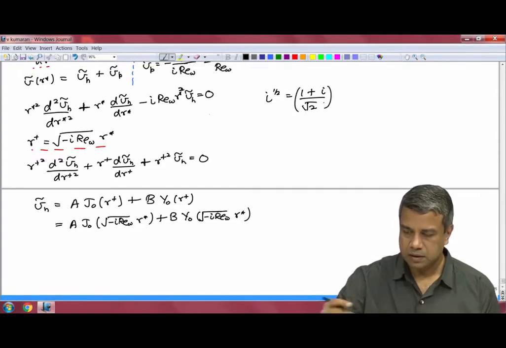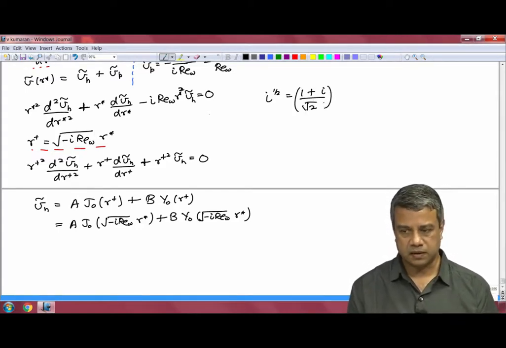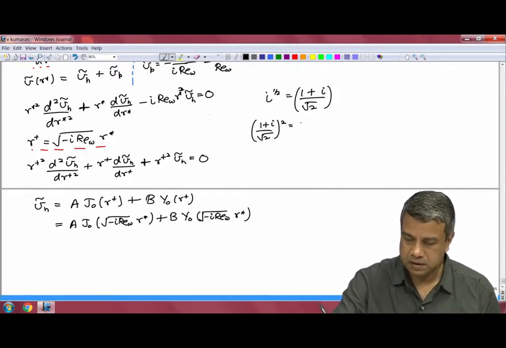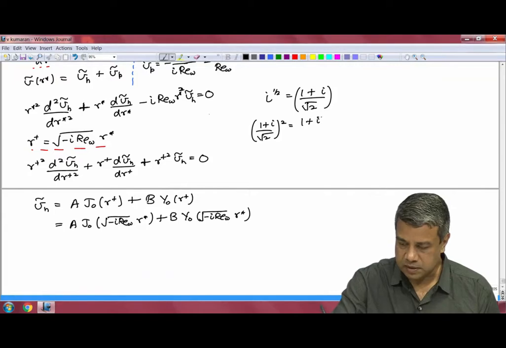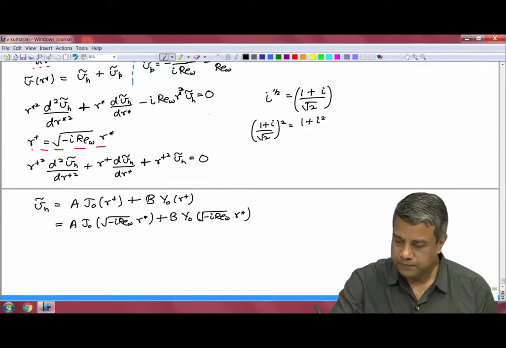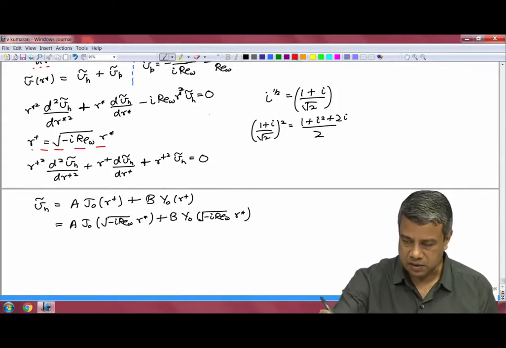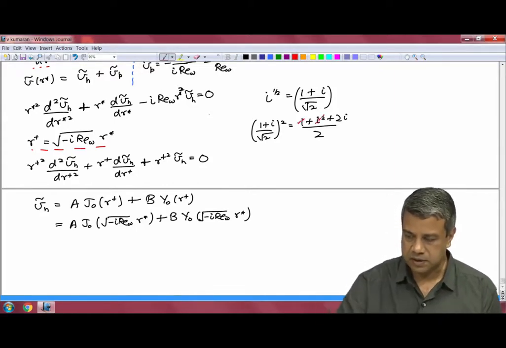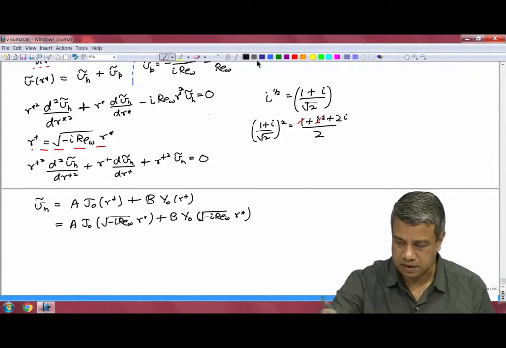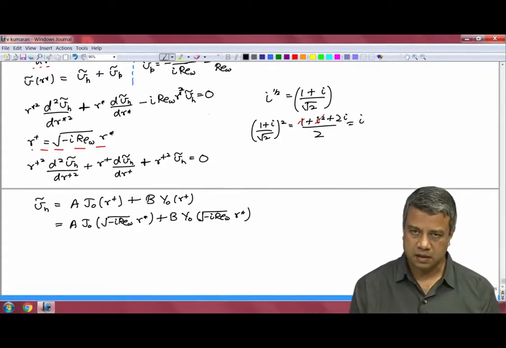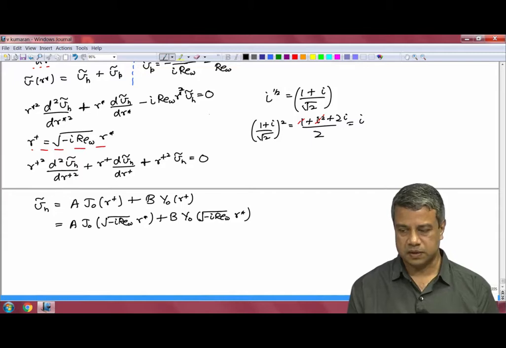Okay, that is the square root of I, because if I take 1 plus I by root 2 the whole square, I will get 1 plus I square plus 2I, by 2. I square is minus 1. So, this 1 and minus 1 will cancel out and this will just be equal to I. Okay. So, that is how you can take the square root of an imaginary number.